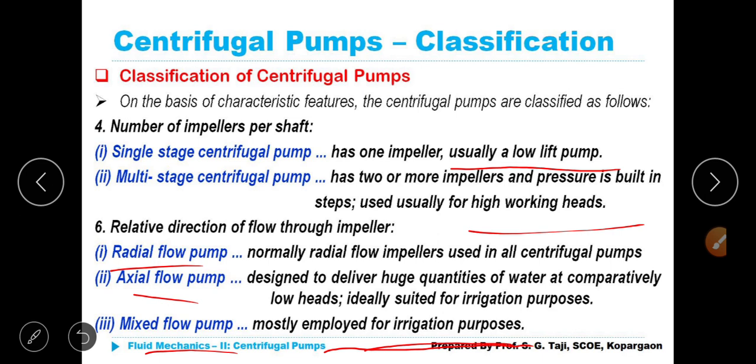Axial pumps are ideally suited for irrigation purpose, and these latter two pumps are used invariably for irrigation, whereas radial flow impellers are used in almost all centrifugal pumps, all types.